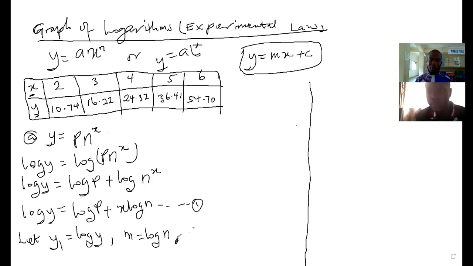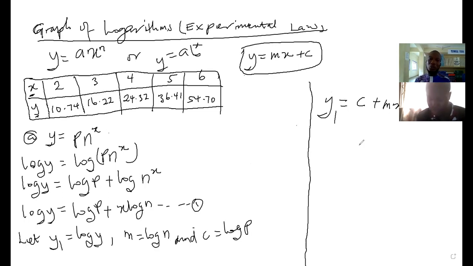Great. Now we have it this way, but the way it is arranged right now, the mx comes last. So in the form, y1 equals c plus mx. So this is what we are going to use.